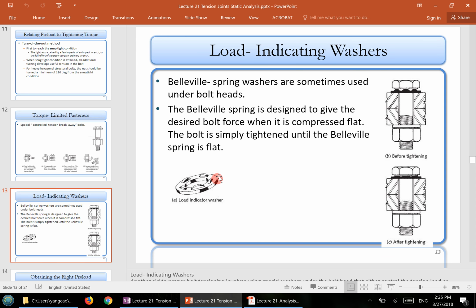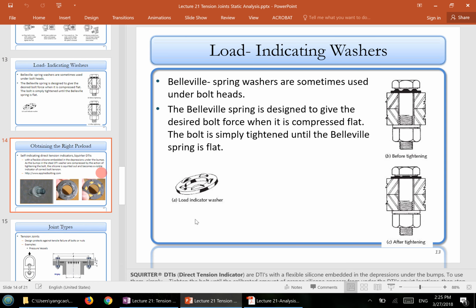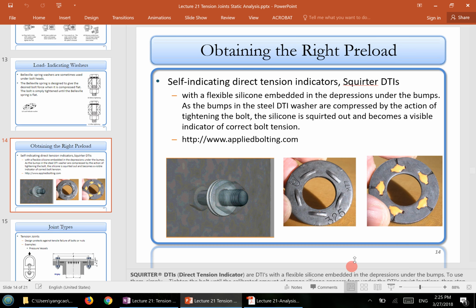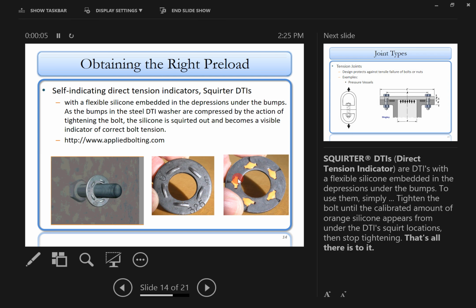And the last one here is actually kind of neat. It's called the self-indicating direct tension indicator, or DTI. I'll show you, there's a little bit of animation here. There are some materials inside these bumps, usually a flexible silicone embedded in the depression under the bump.